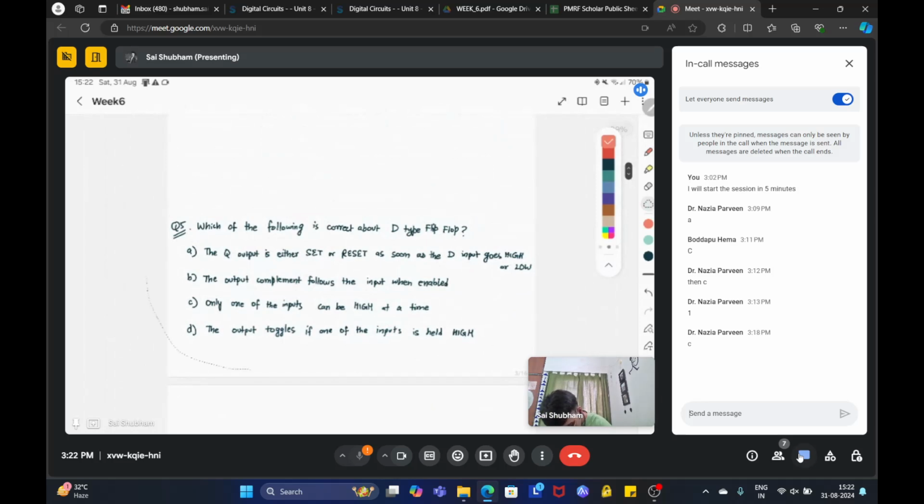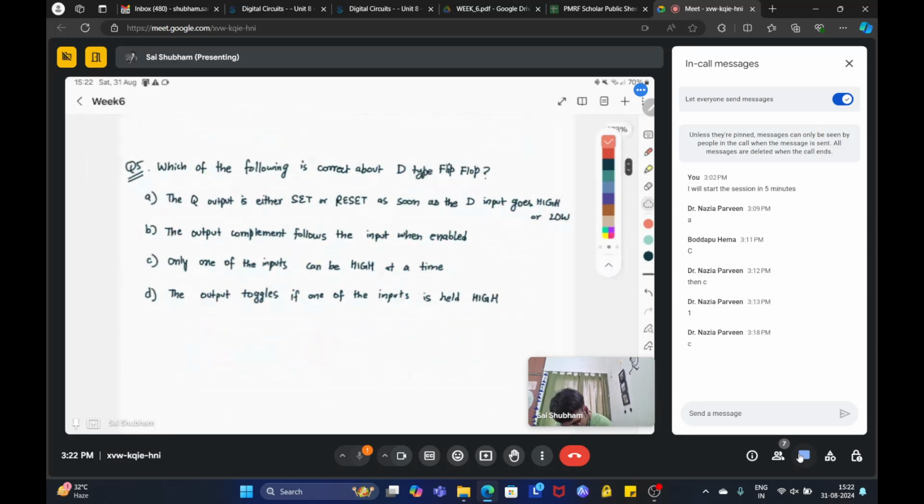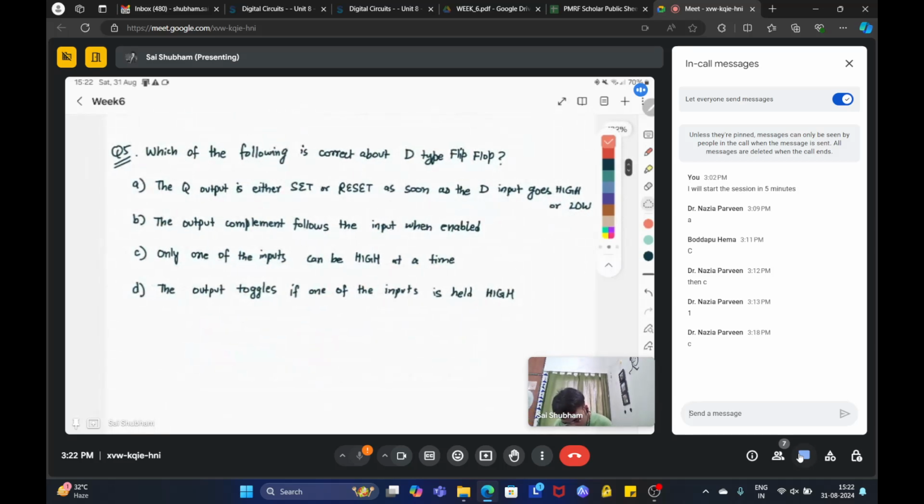So this is the next question. Which of the following is the correct output? Correct about D-type flip-flop.